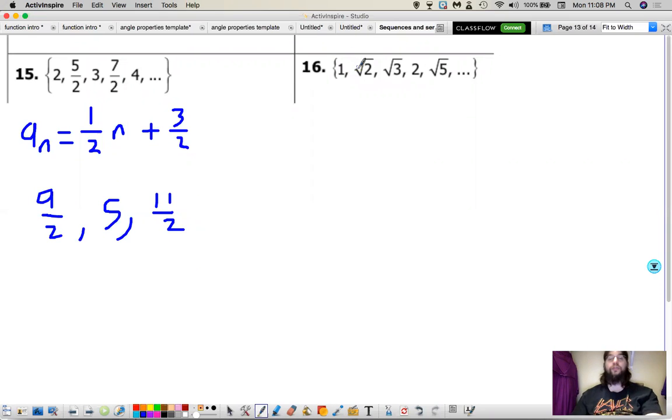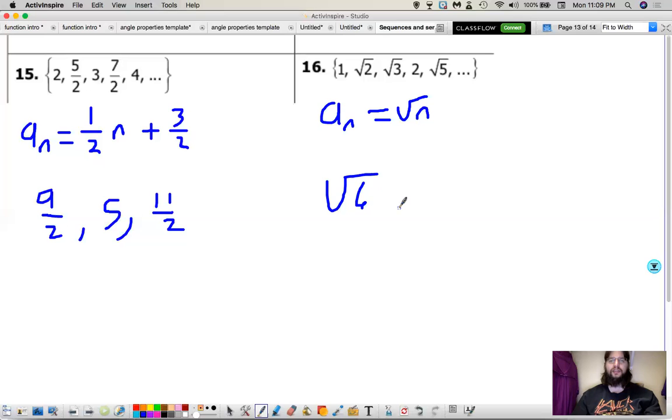There's a square root involved. It's just the square root of n. That's easy. Okay. Square root of n. Square root of 1 is 1. Square root of 2 is square root of 2. Square root of 3 is square root of 3. Square root of 4 is 2. Square root of 5 is square root of 5. That one was super easy. Don't even need a calculator for the next term.